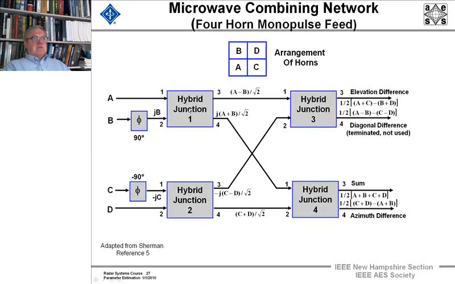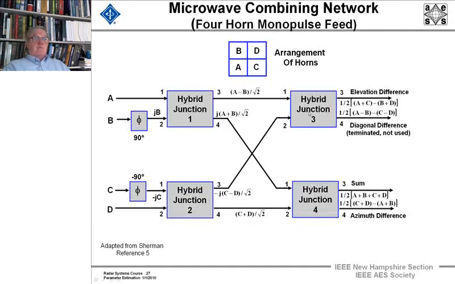What it does is it takes in A and B shifted 90 degrees, and it sends out A minus B divided by the square root of 2 and j times A plus B divided by the square root of 2. And a hybrid junction over here where we've put the 90-degree phase shift in the C channel, we come out with differences.